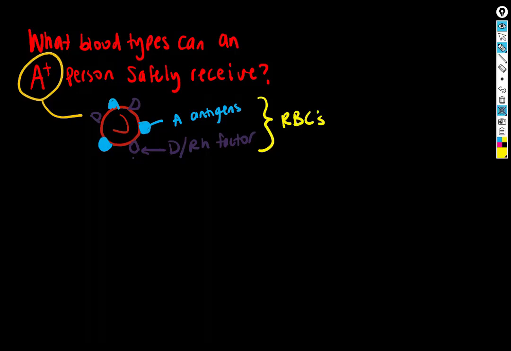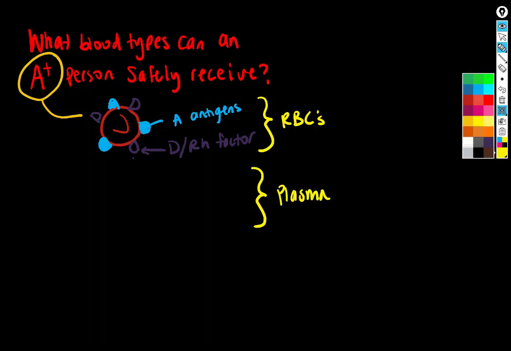We also have to think about their plasma. So what's in their plasma? So in their plasma, there's not going to be anti-A or anti-Rh antibodies, because that would mean that their plasma would be attacking their own red blood cells.